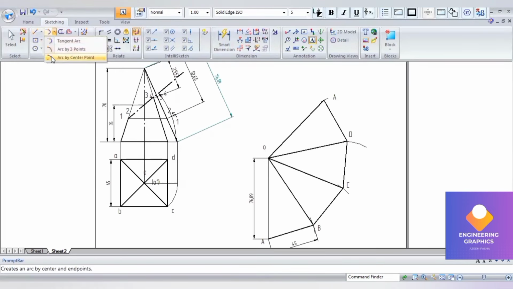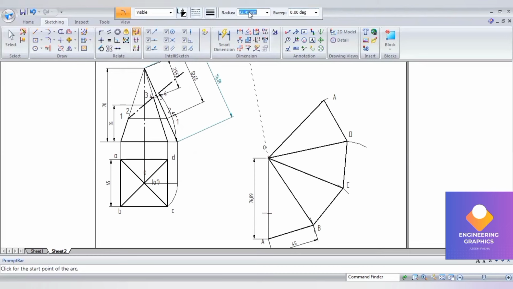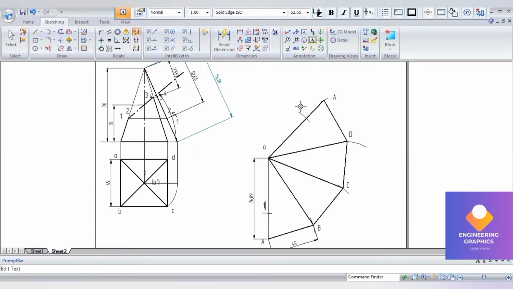Okay, go to arc by center, measure on the OE edge, the length is 52.65, enter and cut the arc. The same way you can do it for the OA other end, that is also 52.65, you can cut it. And then on the same vertical edge of OB also it is the same length.